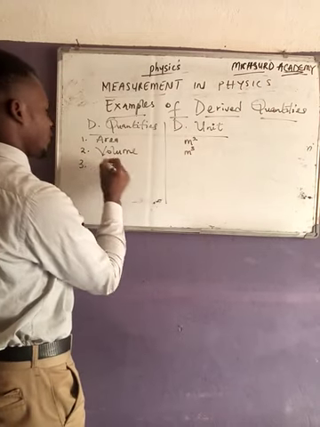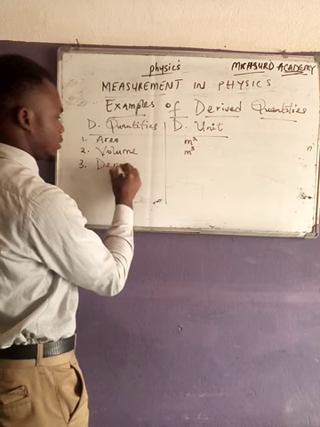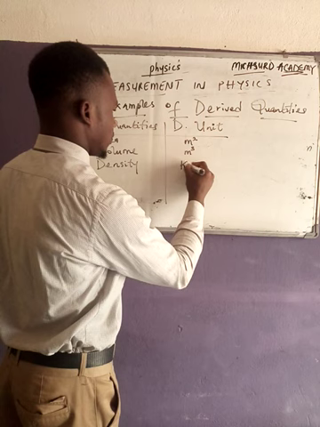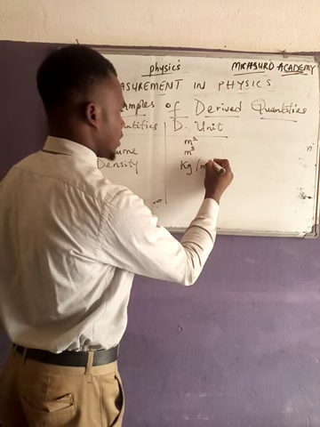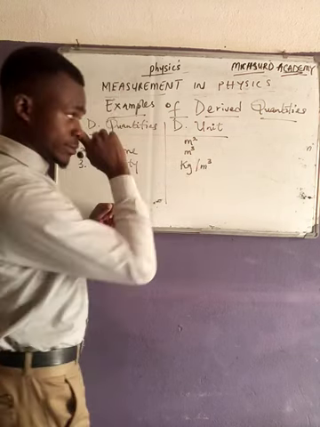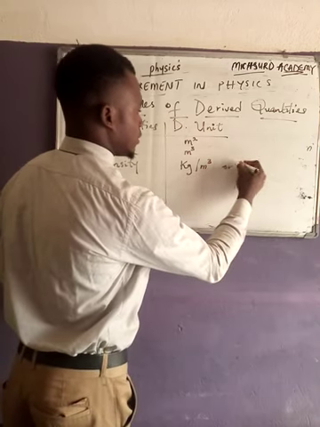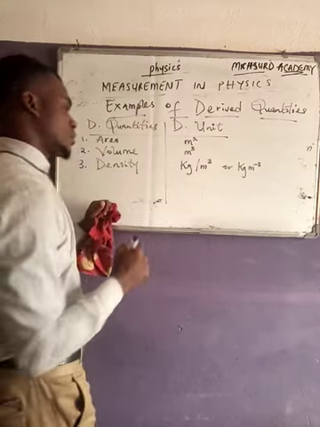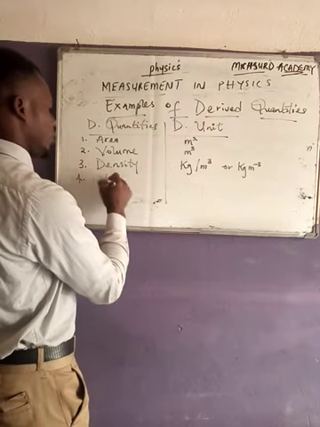We have density. It is given as kilogram per meter cube, or you can still write it as kg/m³ in form of indices. Then we have velocity.